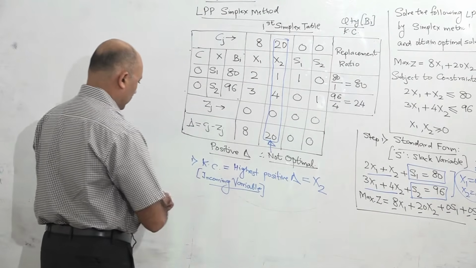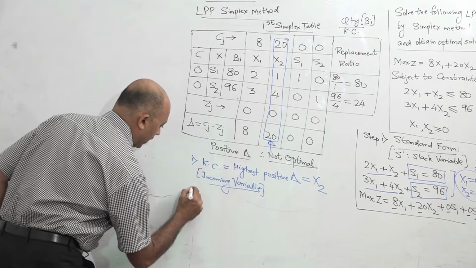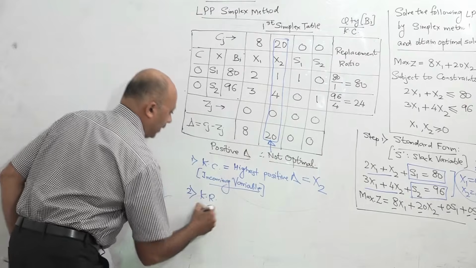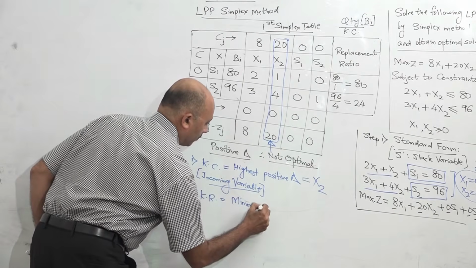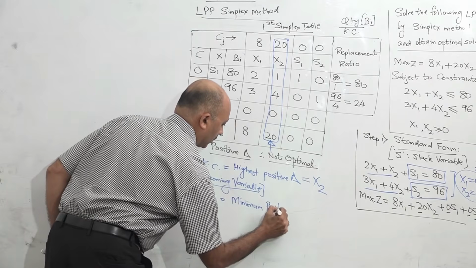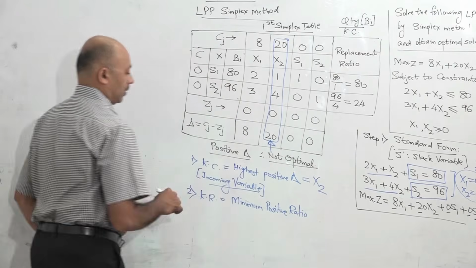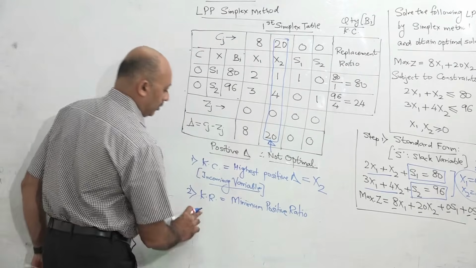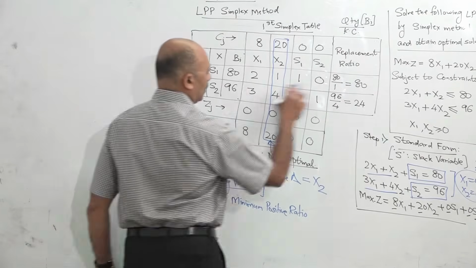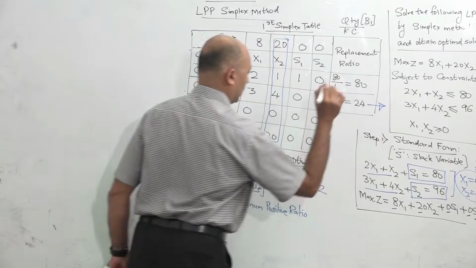Now next, just like there is a key column, there will be a key row, KR. And the key row is the minimum positive ratio. Always remember, the key column is the maximum positive value and the key row is the minimum positive value. So now 80 and 24, the minimum value is 24, so this is the outgoing variable.